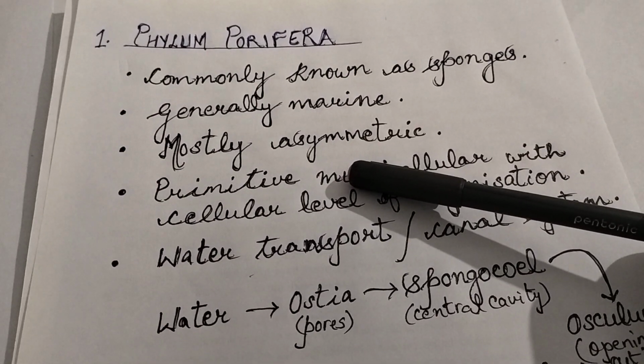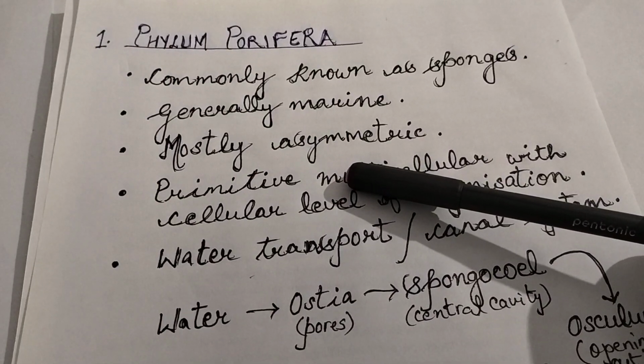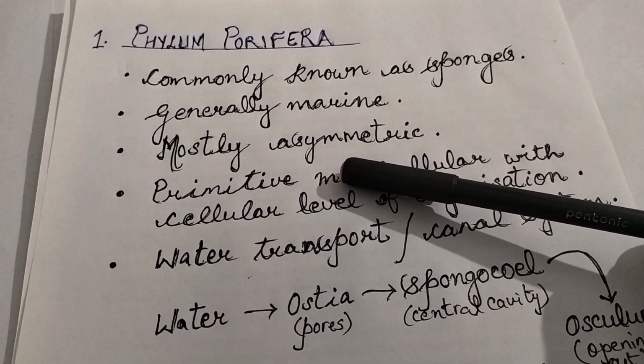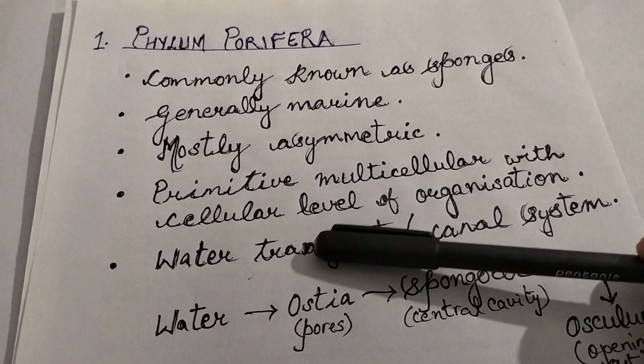So you have to remember the meanings of these terms. Here poriferans are mostly asymmetric. That means body symmetry is not there. The body can't be divided into equal halves on any plane.